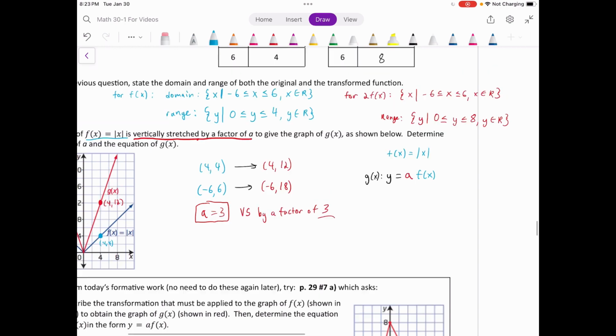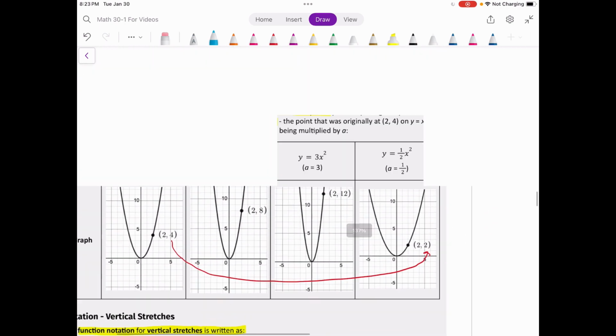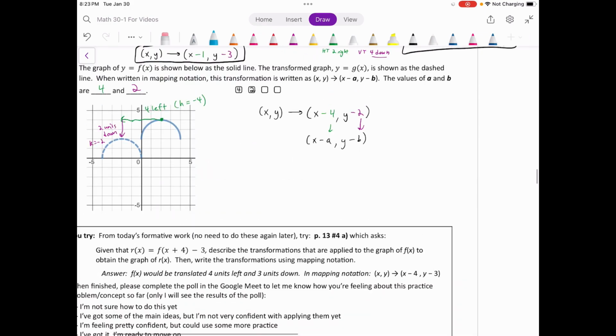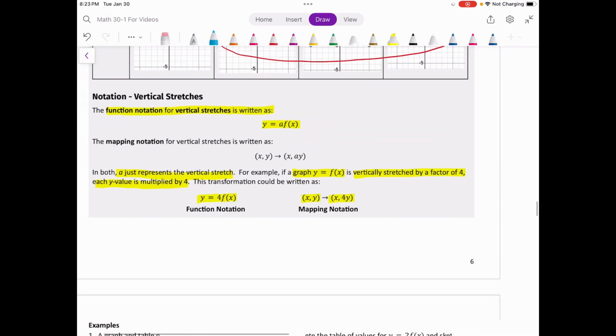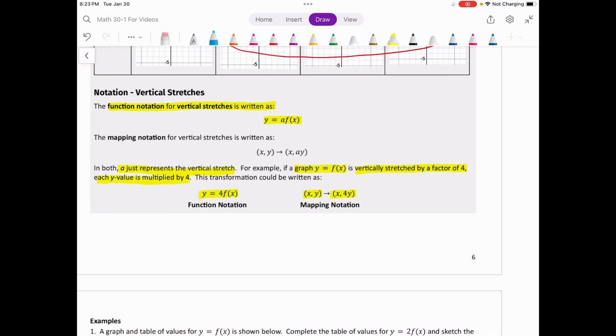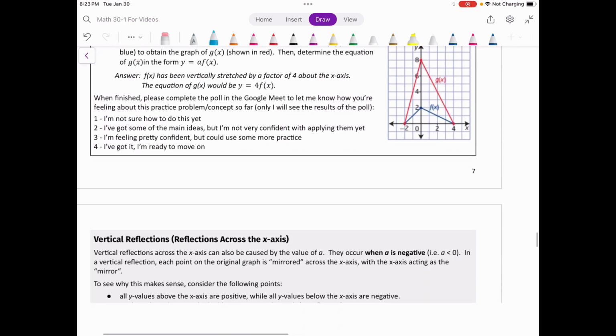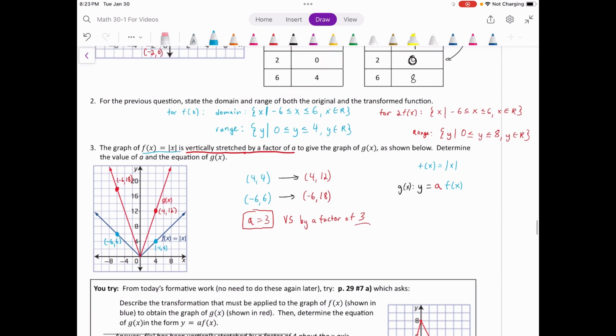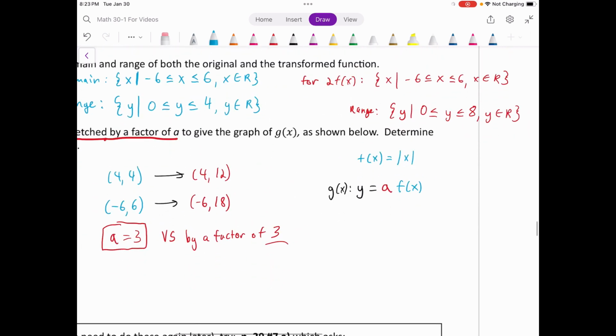Again, we're going to eventually add more stuff in, just looking back at what we talked about. Where did we talk about that? Right, I erased it. We're going to eventually add more stuff in here. We looked at minusing h and adding k as well, okay? But those are instructions. It's saying to get the equation of the transformed graph, take the original equation and multiply it by a.